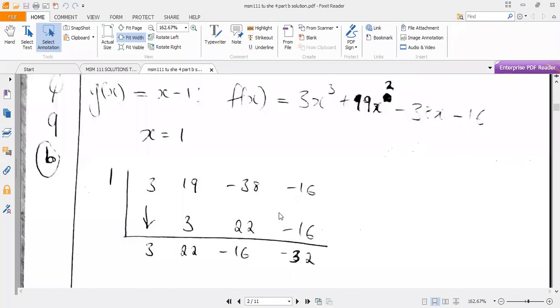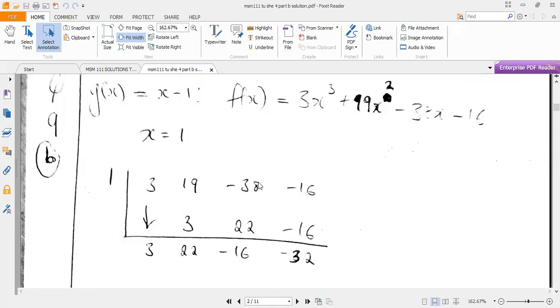Then you take the constant at the end, which is minus 16. And then you start doing the steps. We know our factor is 1, so we drop down the 3. So 1 times 3 is 3. Then 19 plus 3, we get 22. Now 22 times 1 is 22.